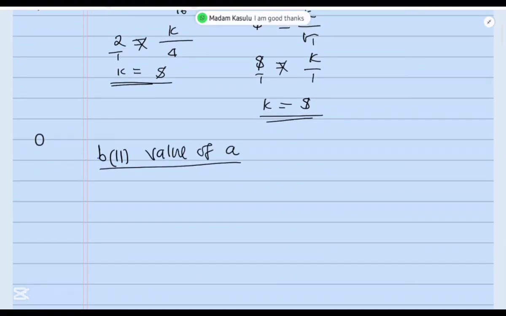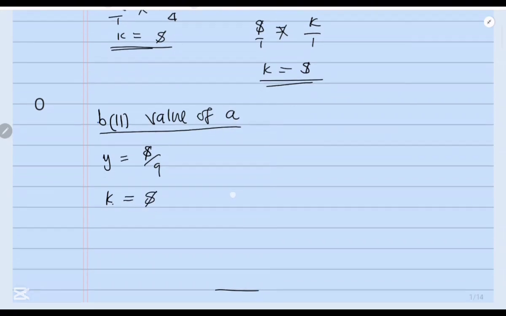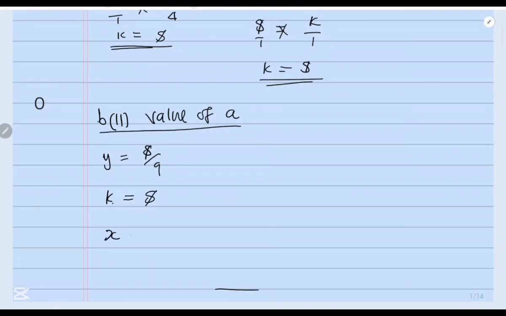Y is 8 over 9. So our y is equal to 8 over 9, our k is equal to 8, and our x is equal to a.